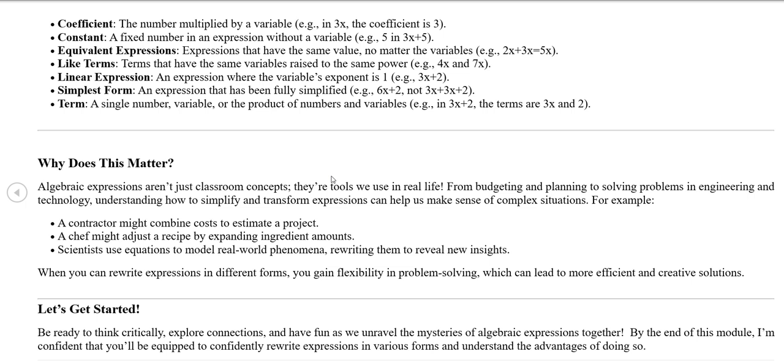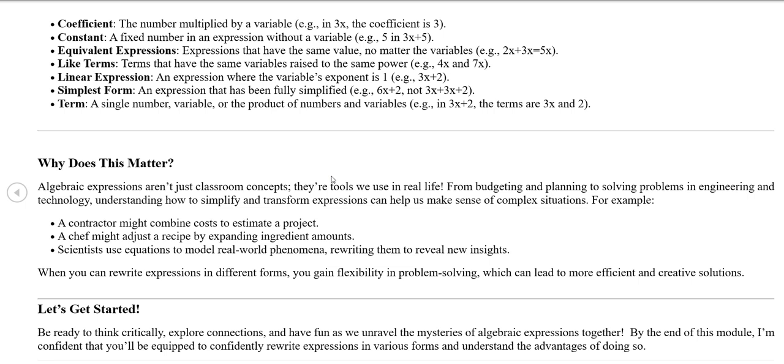A couple of examples: a contractor might combine costs to estimate a project. A chef might adjust a recipe by expanding ingredient amounts. And a scientist might use this to model real world problems.